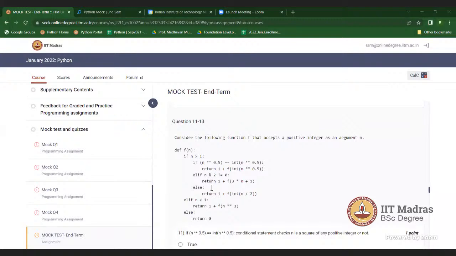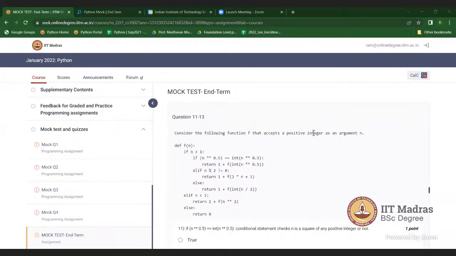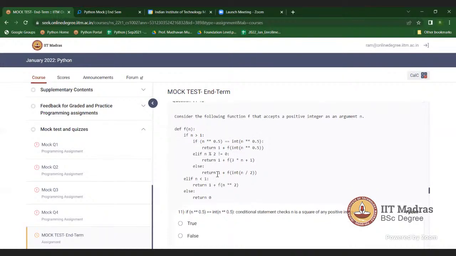Okay. So consider the following function that accepts a positive integer as an argument. If n is greater than 1 and n star star 0.5 equals int of n star star 0.5, return 1 plus f of int of n star star 0.5. If n percent 2 is not equal to 0, return 1 plus f of 3 star n plus 1. Else return 1 plus f of int of n by 2.